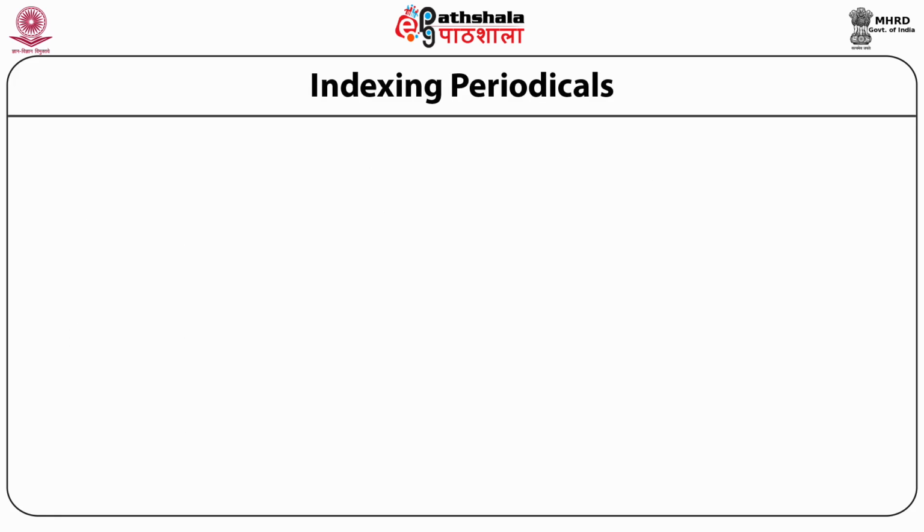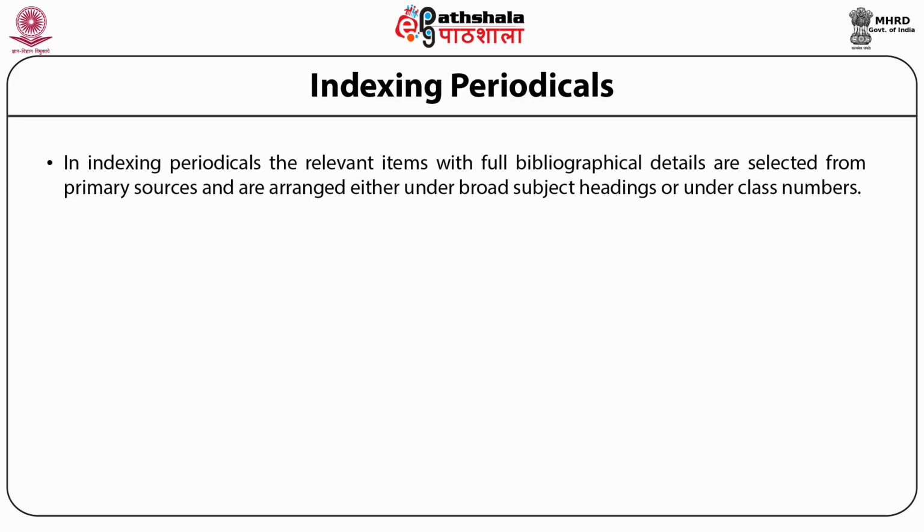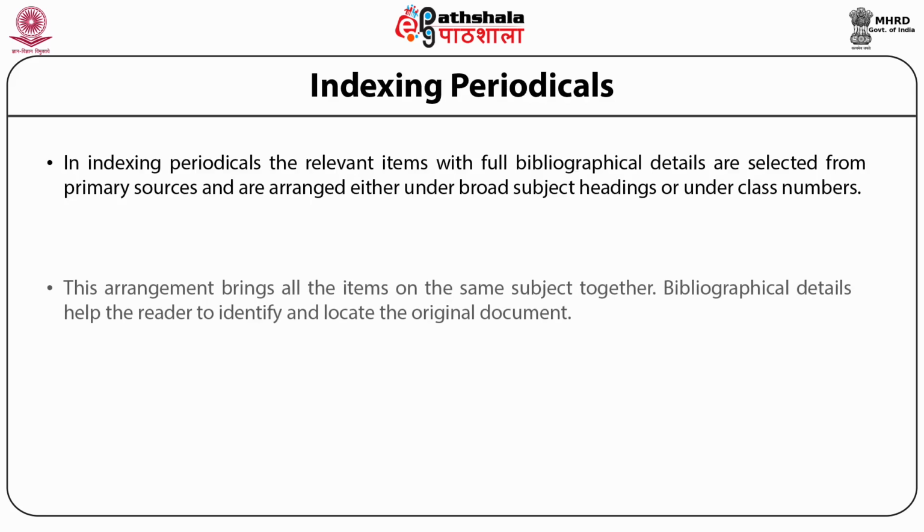Indexing periodicals. In indexing periodicals, the relevant items with full bibliographical details are selected from primary sources and are arranged either under broad subject headings or under class numbers. This arrangement brings all the items on the same subject together. Bibliographical details help the reader to identify and locate the original document.